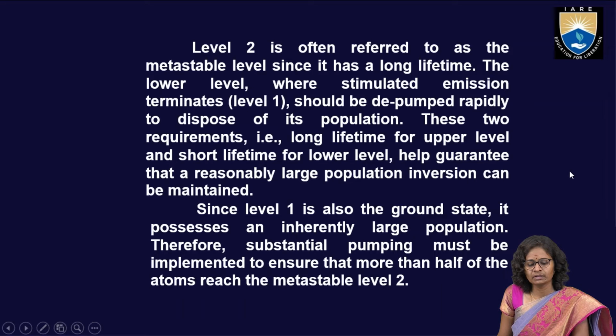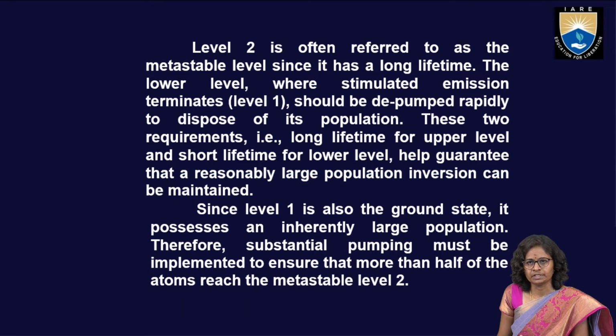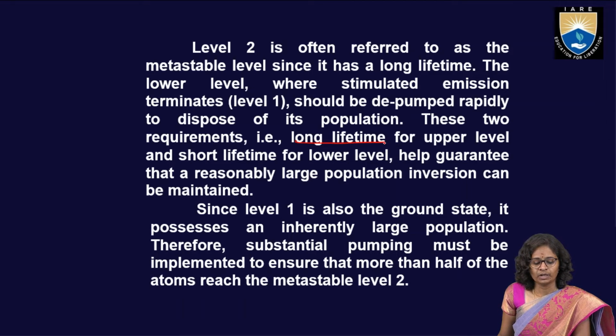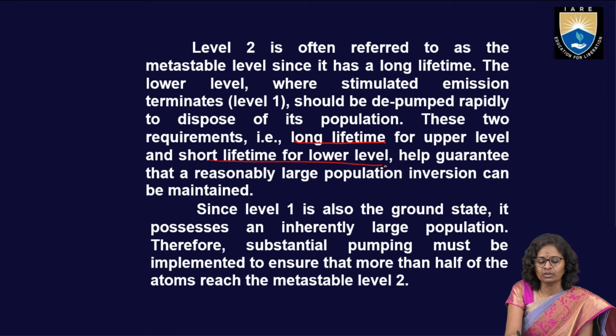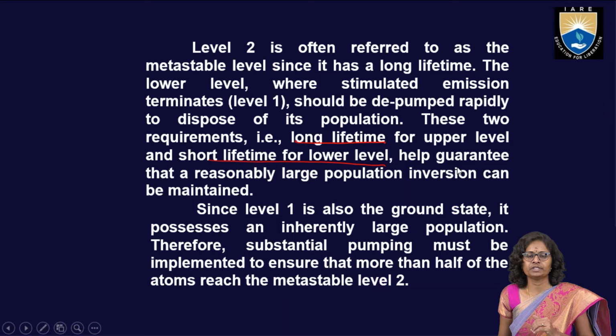The lower level, where the stimulated emission terminates, should be depumped rapidly to dispose of its population. These two requirements, that is long lifetime for the upper level and short lifetime for the lower level, help guarantee that a reasonably large population inversion can be maintained.